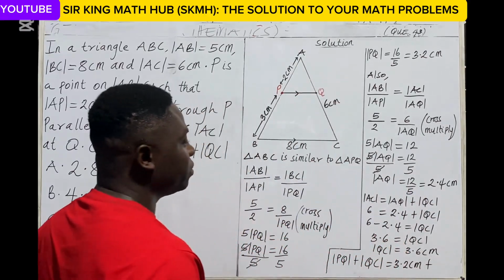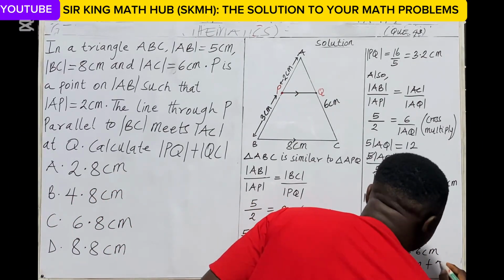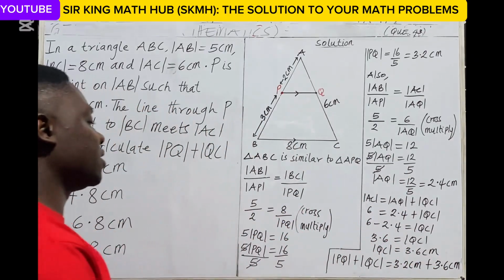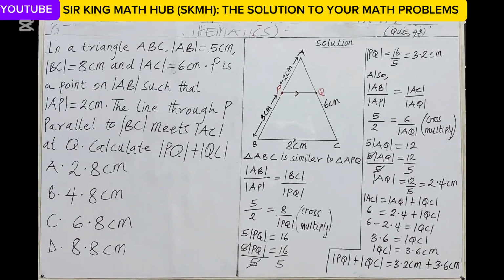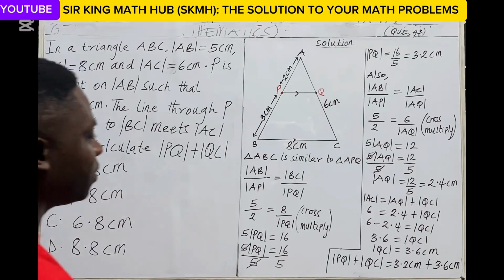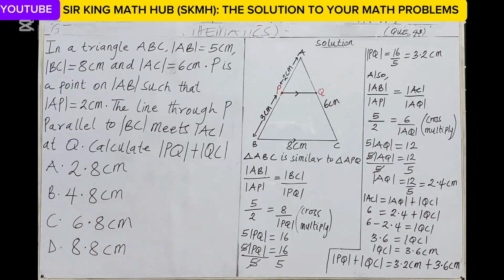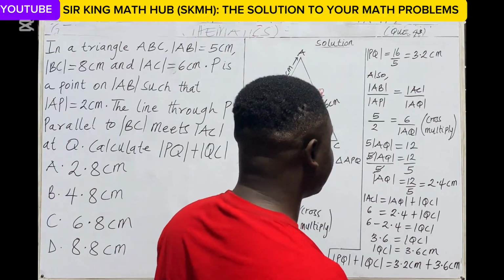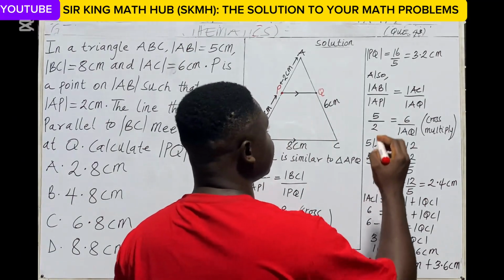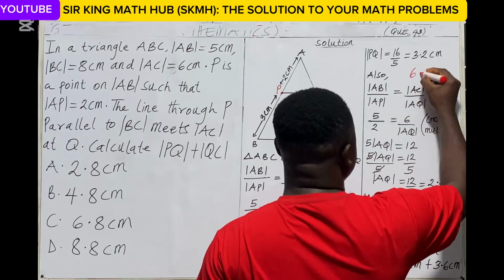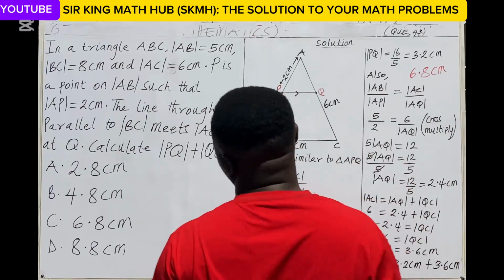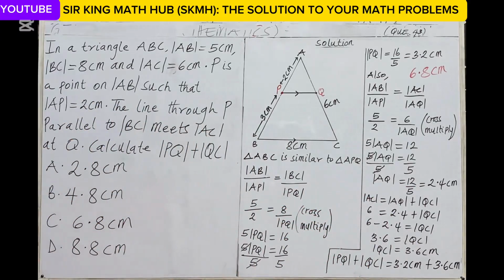And then the length of QC, we had 3.6 centimeters. So what is 3.2 centimeters plus 3.6 centimeters? So that will be 6.8 centimeters. So the right answer is option C.